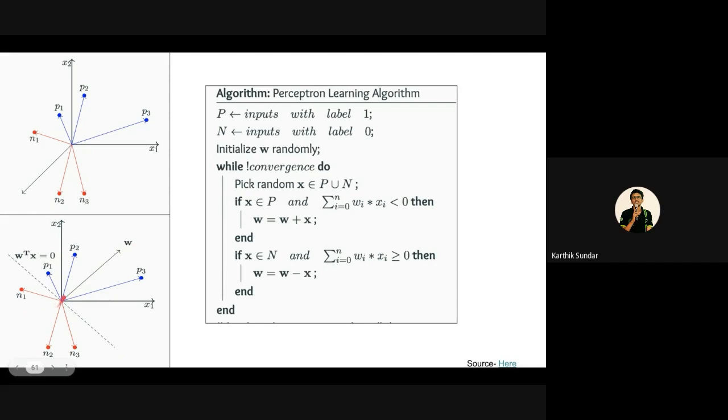Let's say the W is in a different place, like W is around here, which means it is misclassifying a few negative points. So what happens is, this particular line gets pushed away. What this perceptron learning algorithm essentially does is, it reduces the angle between the weights and the positive points, and it increases the angle between the weights and the negative points, and at one point you have an optimal line. So that's what the perceptron learning algorithm does.